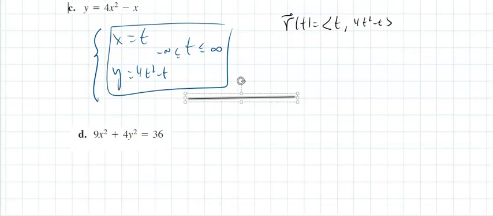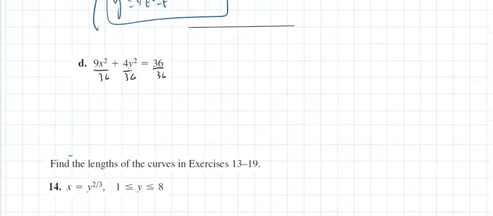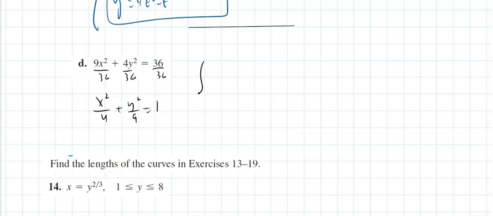And how about here? Well, if I make that a 1, wouldn't that mean that I'm taking x squared divided by 4 plus y squared divided by 9 equal 1? Doesn't that mean I wanted to stretch 2 units in the x direction, and 3 units in the y direction?